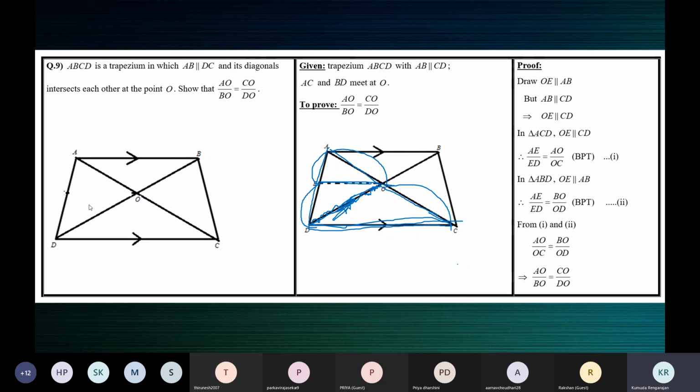And the equation will be this: because it's a trapezium, diagonals divide each other proportionally, so AO by OC is equal to BO by OD. Substitute the expressions, cross multiply, you will get a quadratic equation. Solve it and find the value or values of x.